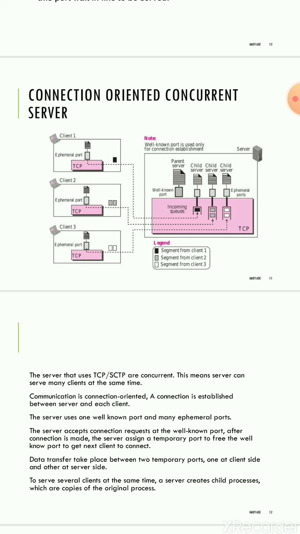The server must also have one queue for each connection. The segments coming from the client are stored in the appropriate queue and will be served by the server. In this fashion the concurrent server process communicates.